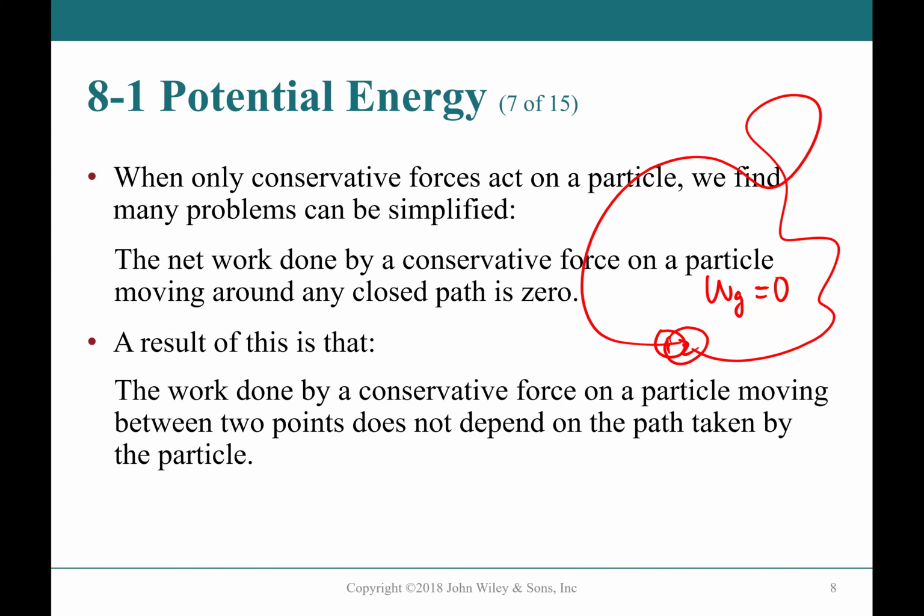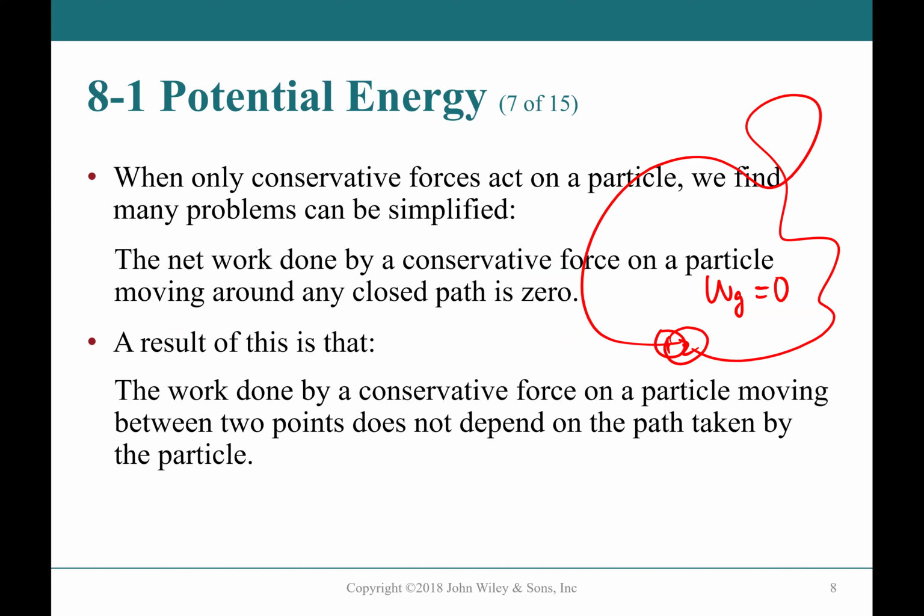I always tell my students it's about the position: you choose a reference point and try to get the position of the object referred to your reference point, and the bigger the height, the bigger the potential.